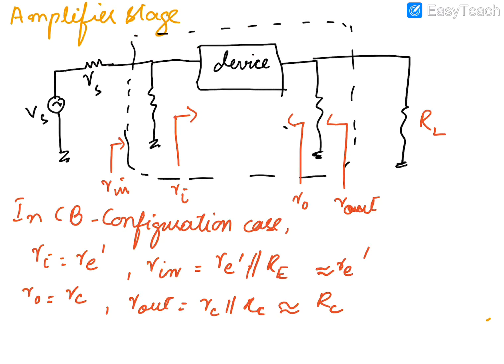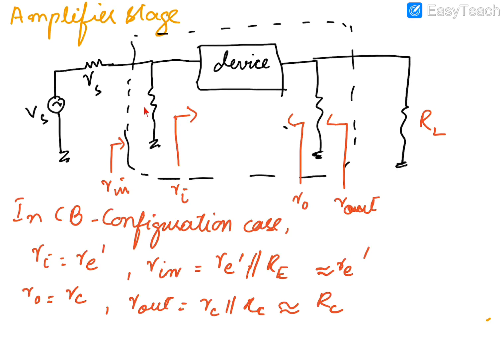So the whole transistor circuit with its input resistance and the output resistance is considered as an amplifier stage. The RS source resistance and the load resistance are outside this stage. The resistance measured directly at the transistor is called Ri, and the resistance measured at the side of the stage is called Rin.